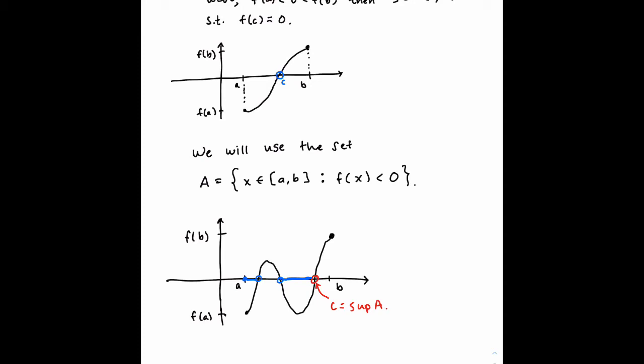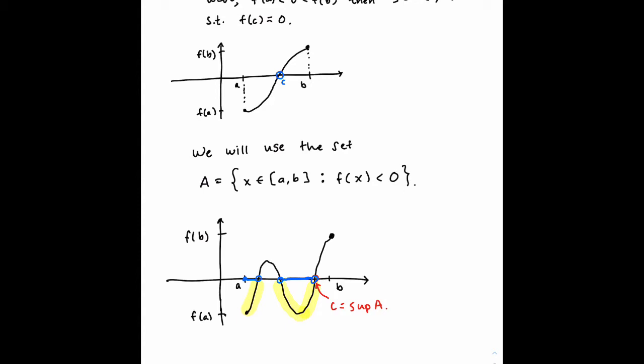It's all of these x values such that the piece of the graph that I get lies below the x-axis. So to be clear, A is a collection of inputs. They are inputs such that when you plug them in, you get something below the x-axis.